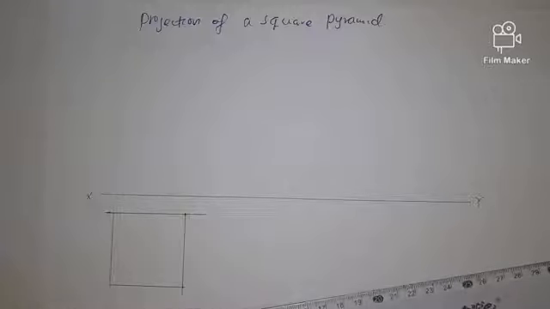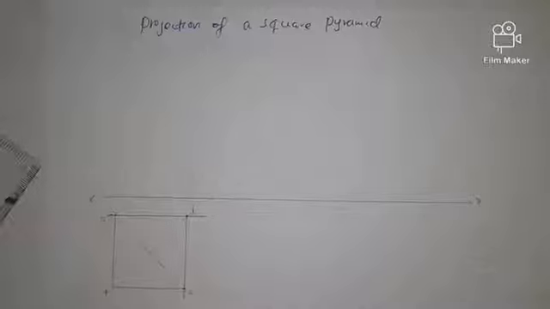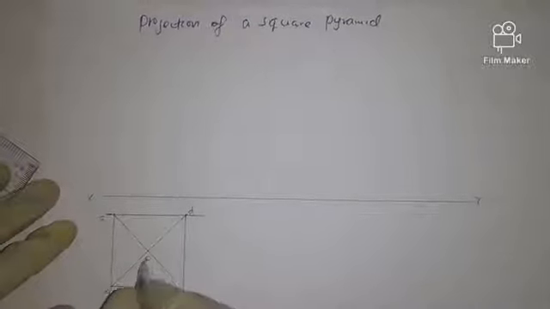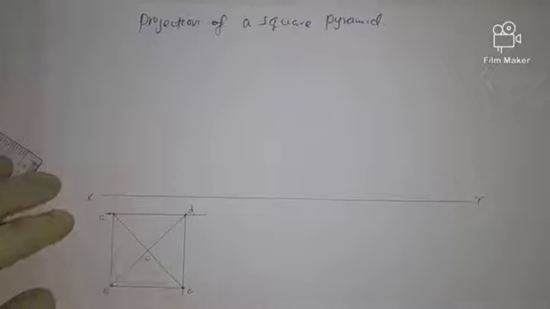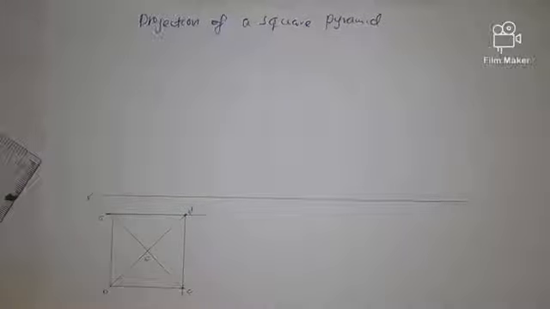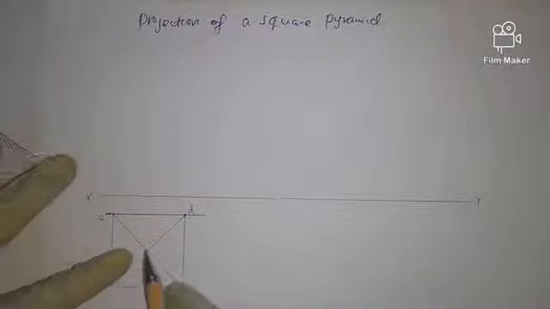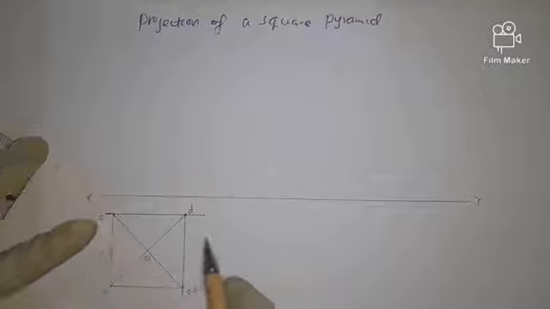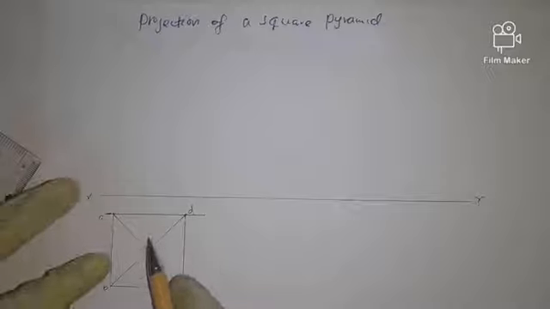Now we can name the corners as A, B, C, D, and then joining the diagonals we get the center point. Looking from top, this pyramid, actually the vertex is here. These are the triangular faces meeting at the top. So this one becomes our plan.